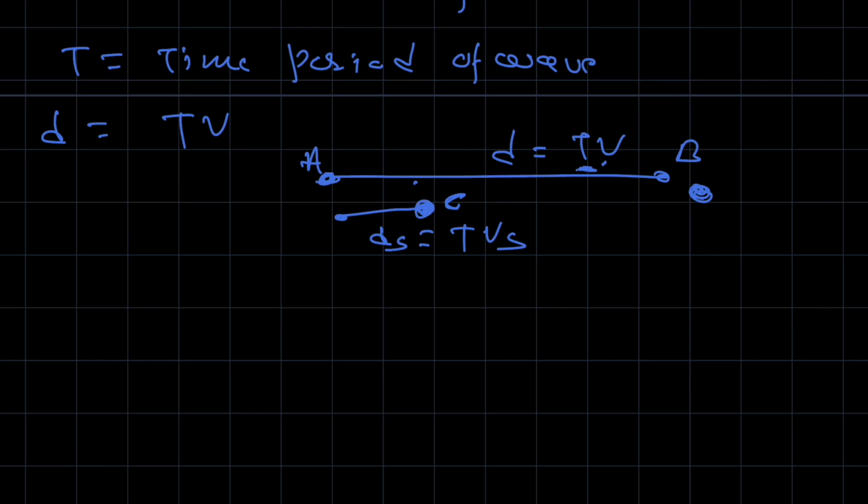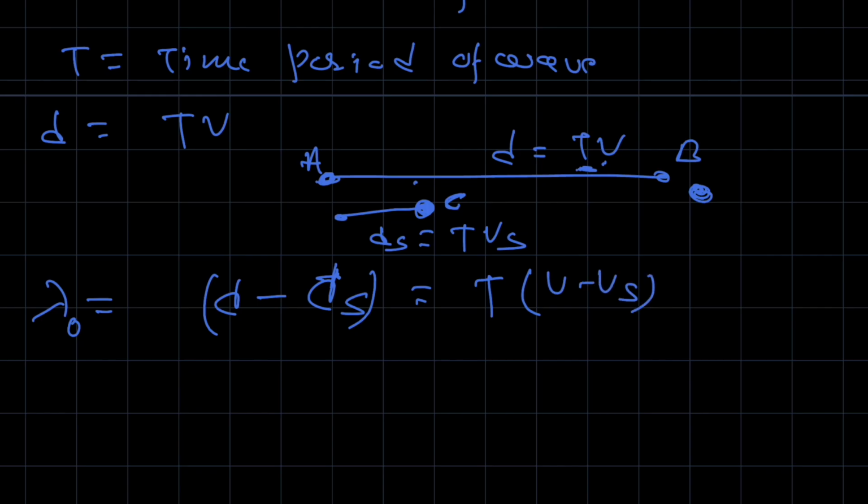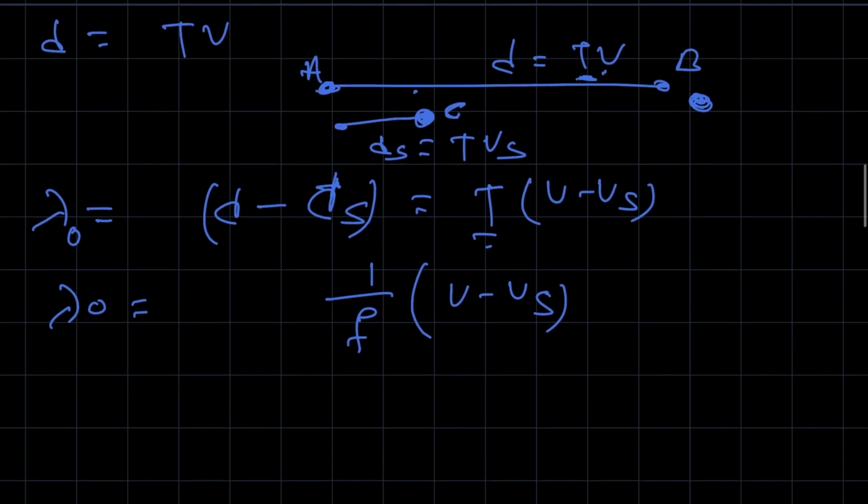So there is a change in wavelength, right? So the observed wavelength will be d minus ds, which is T v minus T vs, and the time period is 1 over frequency, so the wavelength is (v minus vs) over f. And that gives a new frequency.